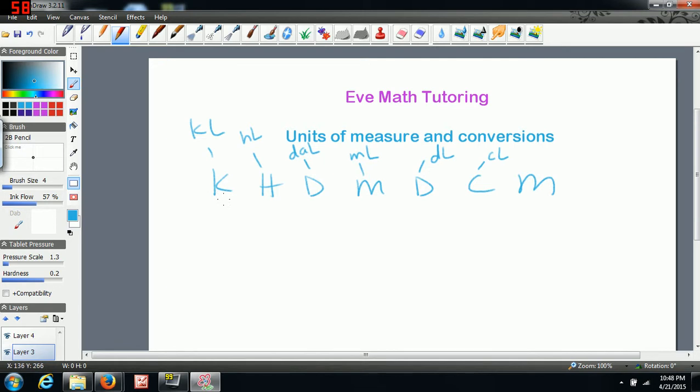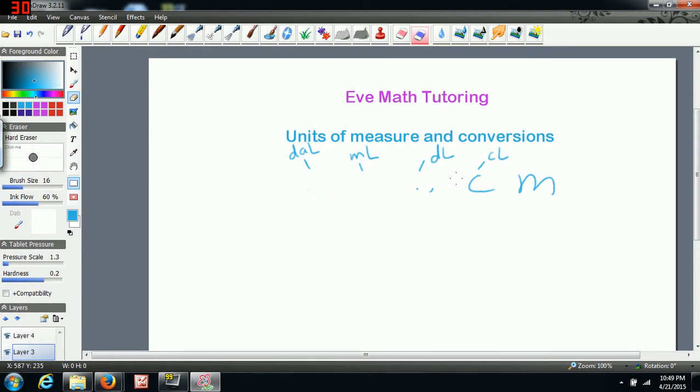So doesn't mind drinking chocolate milk. Okay, now we're using the same one, but I'm just going to rewrite this for you. Let's keep that one for meters for now.